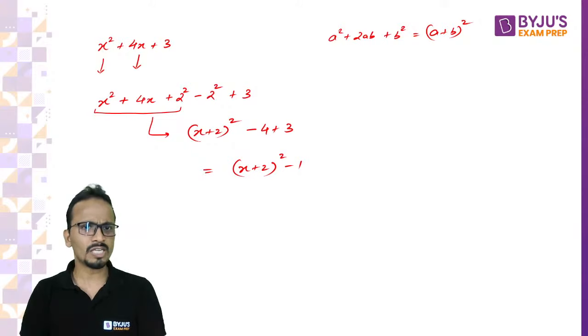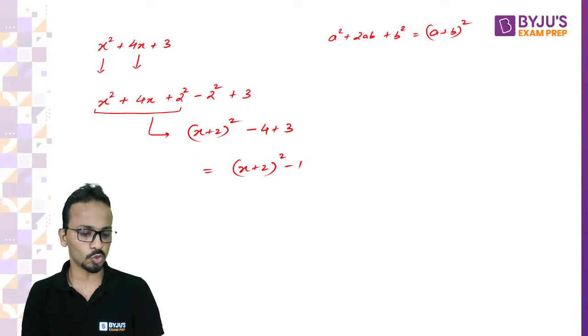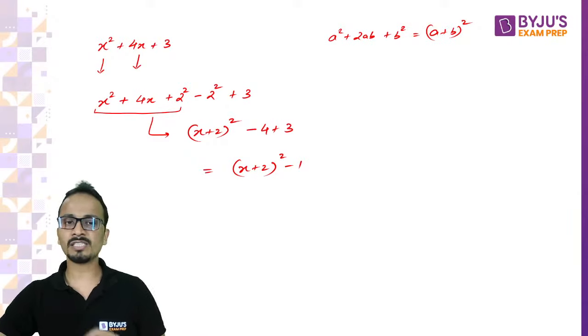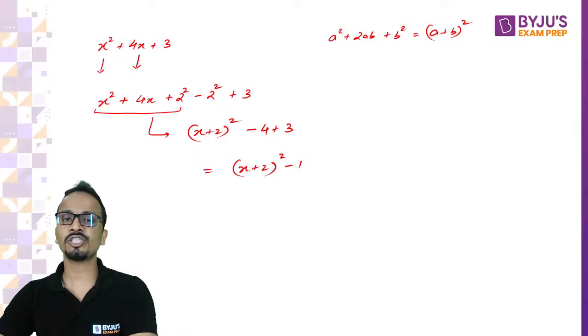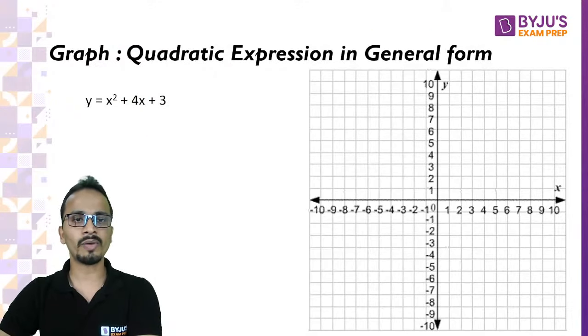It will be plus 4 and minus 4, that is, plus 2 square and minus 2 square. So I've converted the given quadratic expression into its perfect square form, and I can write this as (x plus 2) whole square minus 1.